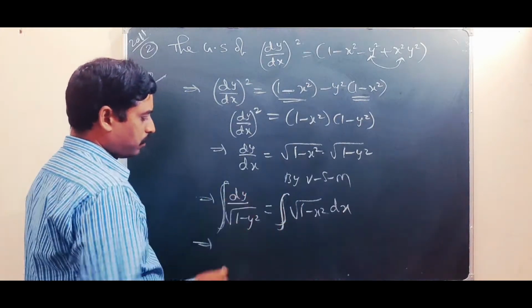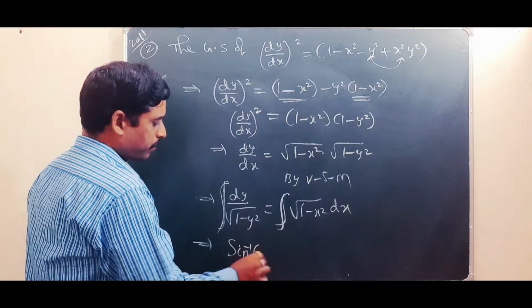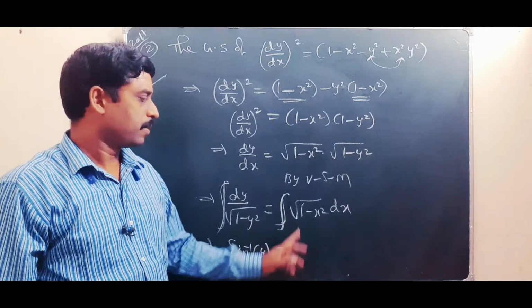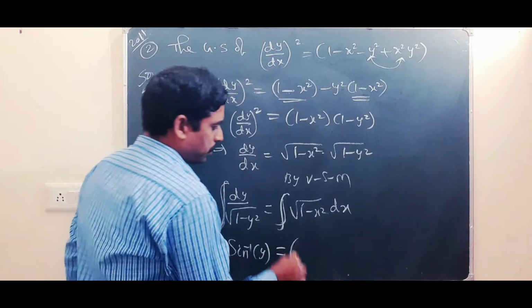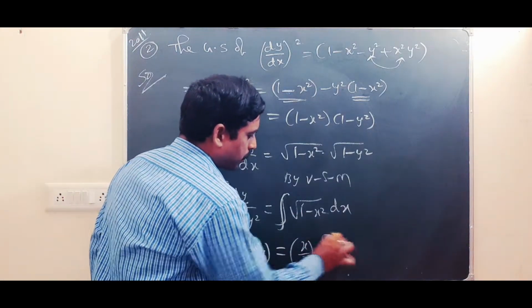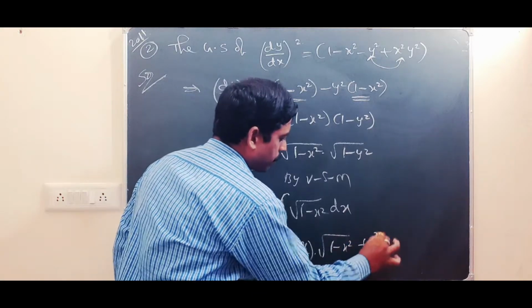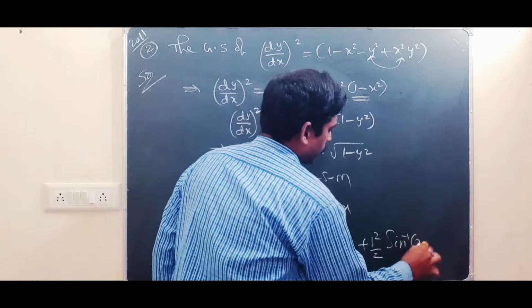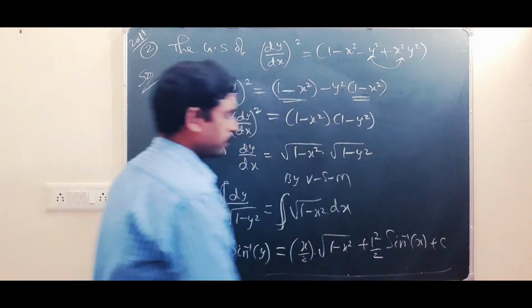So this will be sin⁻¹ y. So for the integral of √(1 - x²), what is the formula? It is (x/2)√(1 - x²) + (a²/2) sin⁻¹ x + c, here a = 1. So this is the answer.